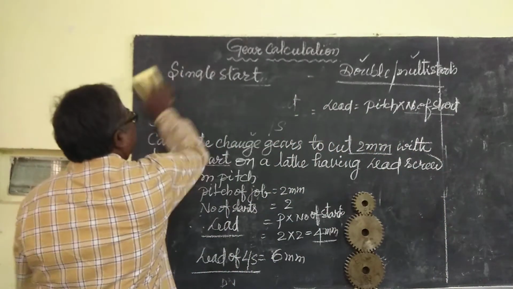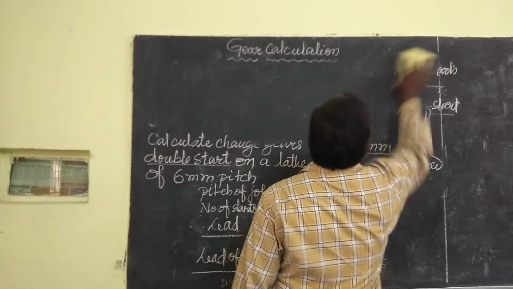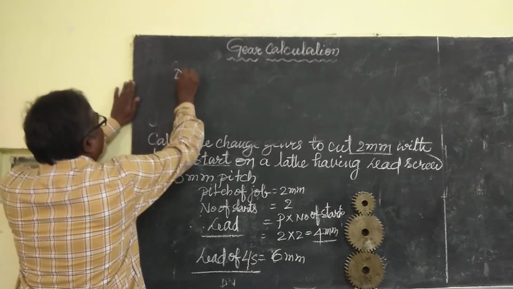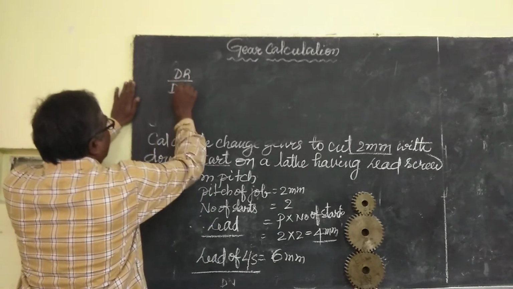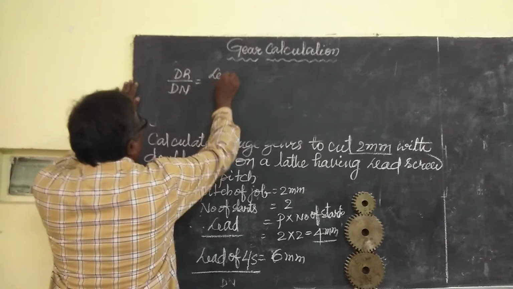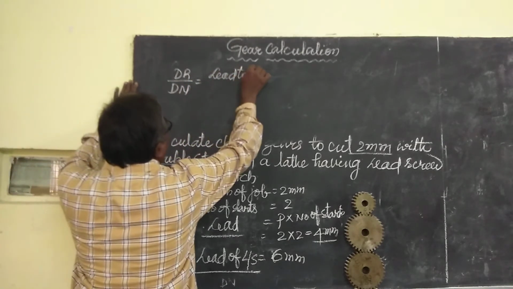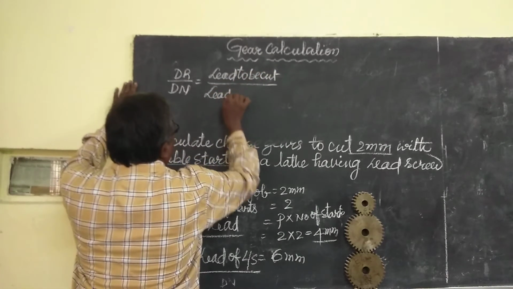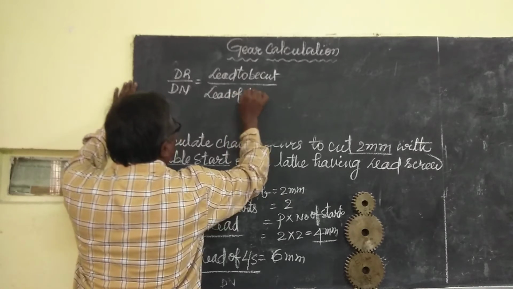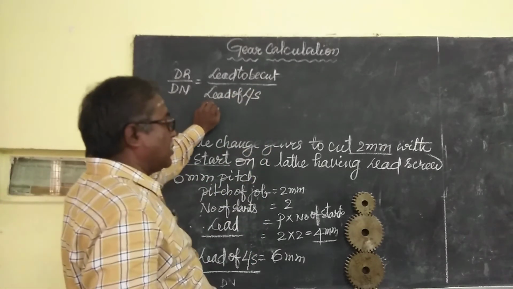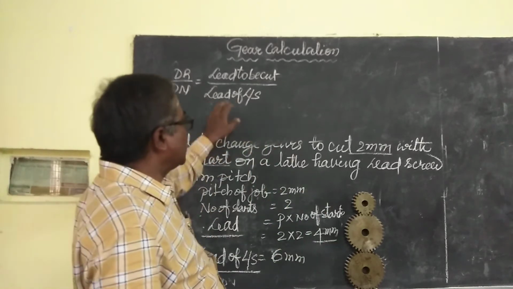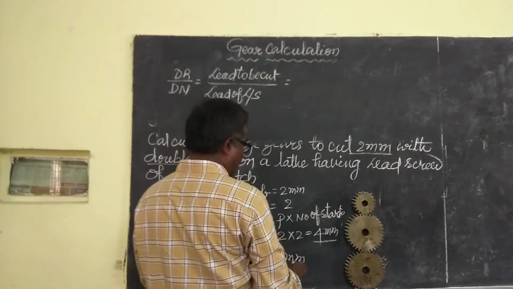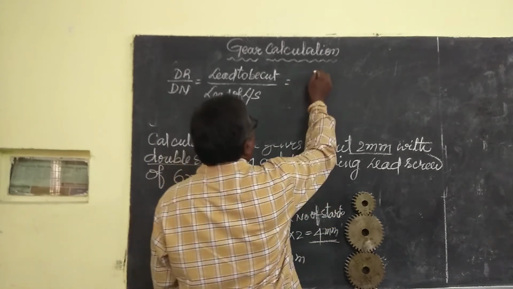Now you see here, driver by driven equals lead to be cut by lead of lead screw. Sometimes lead screws also may be double start, so I took this as single start. Then here, what is the lead? 4 mm.